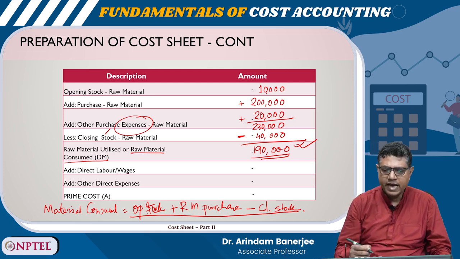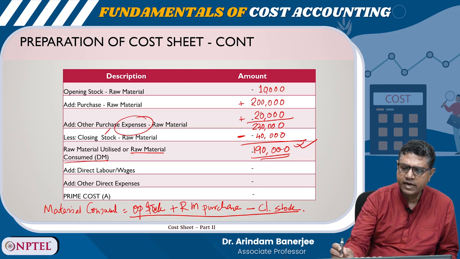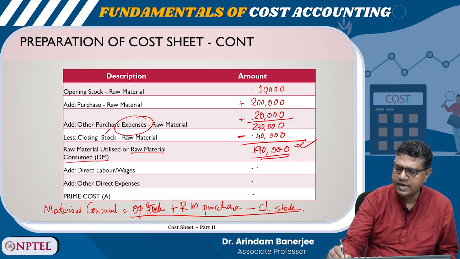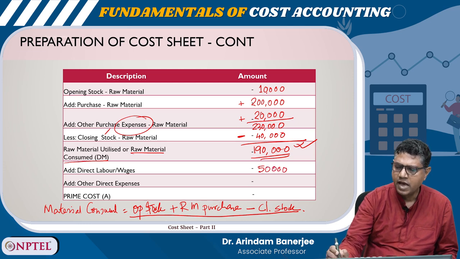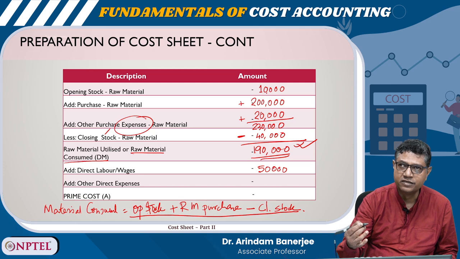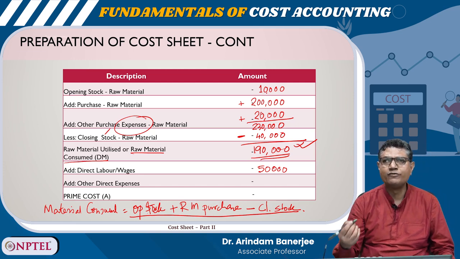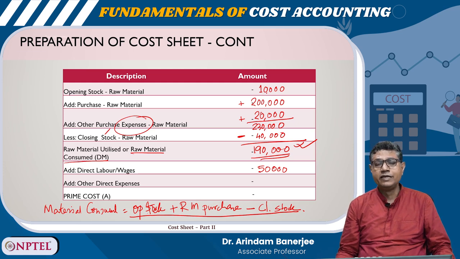With that, you add the direct labor or wages. Say the direct labor is 50,000, and there are other direct expenses involved. What can be an example of other direct expenses? Electricity used for running the machine, for example.